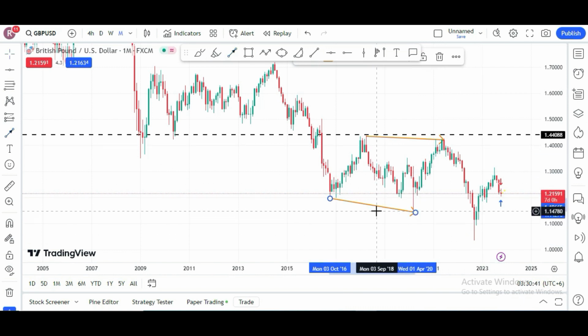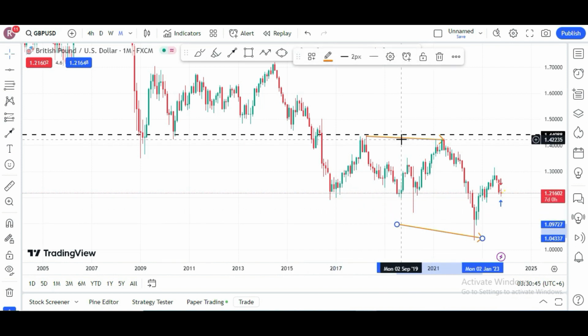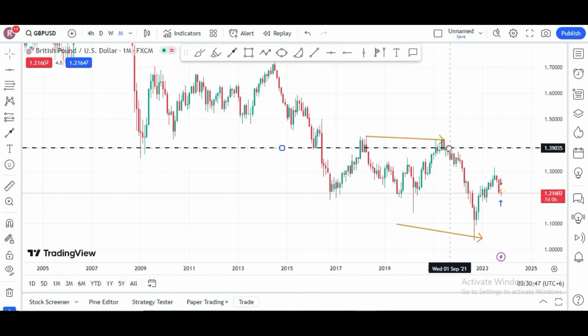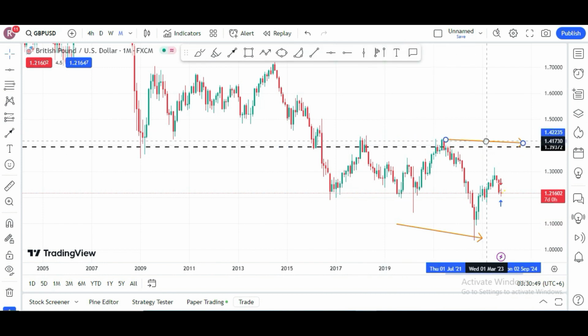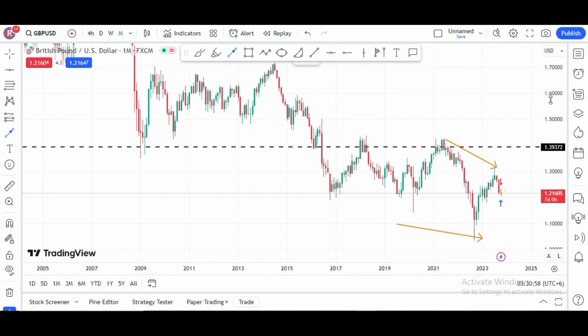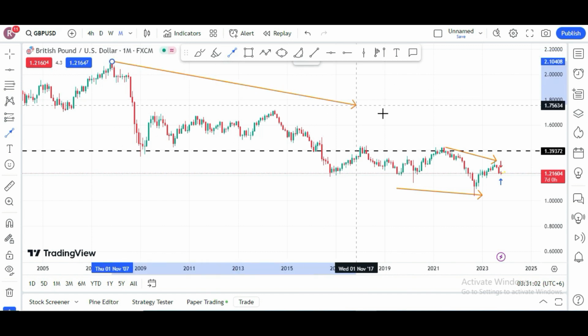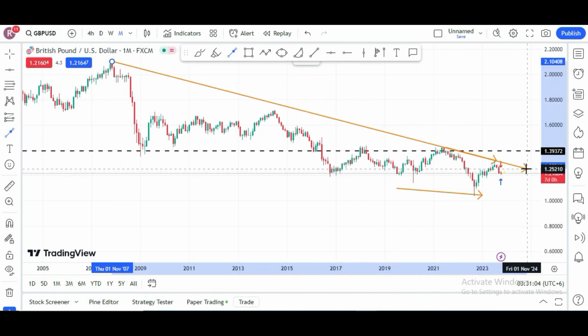Again it made another lower low, and here it has also made another lower high. So the downtrend is confirmed without any doubt. Still it is in downtrend.